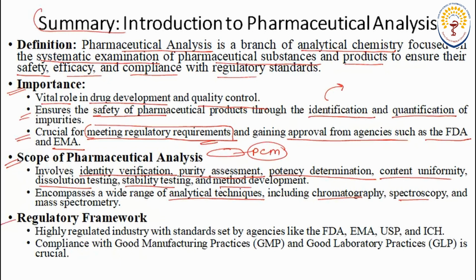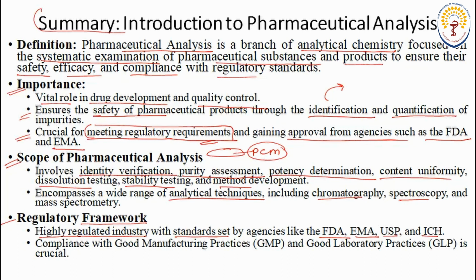Now coming to the regulatory framework, this was the last thing that we studied in this chapter. We studied that the pharmaceutical industry is highly regulated, and it has to constantly meet the standards set by agencies like the Food and Drug Administration, the European Medicines Agency, the United States Pharmacopoeia, and the International Conference on Harmonization.